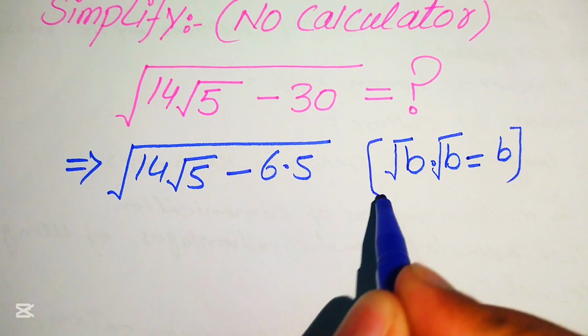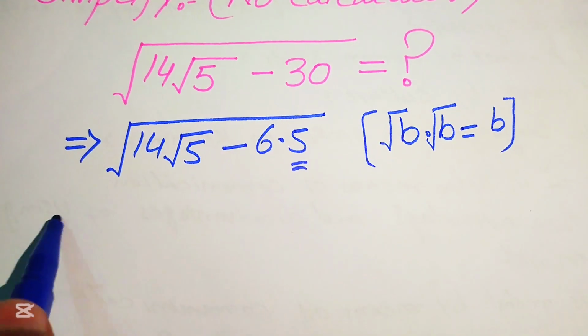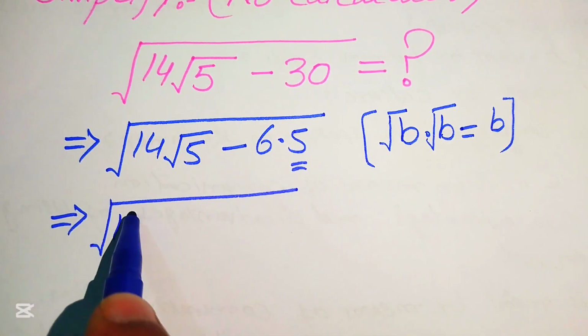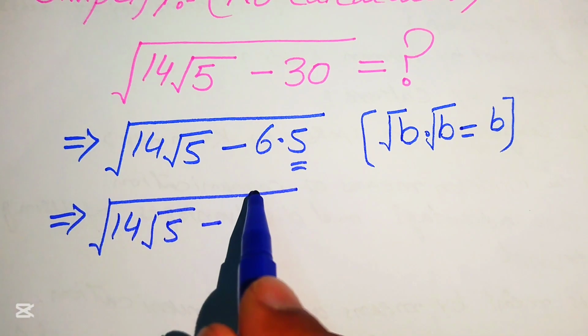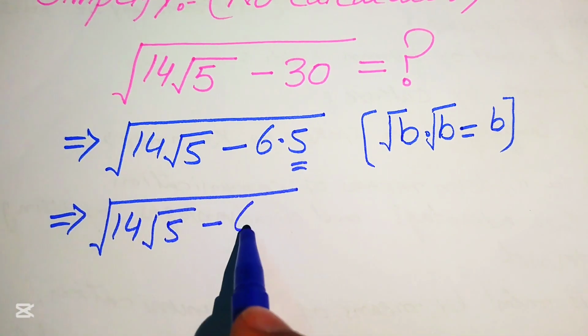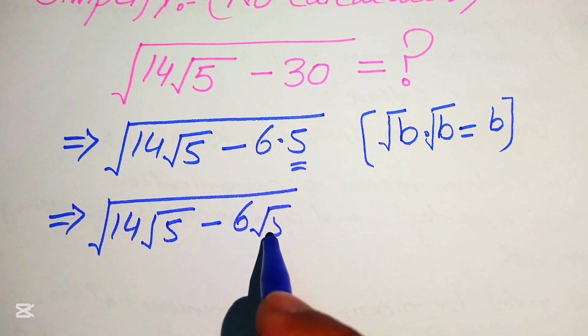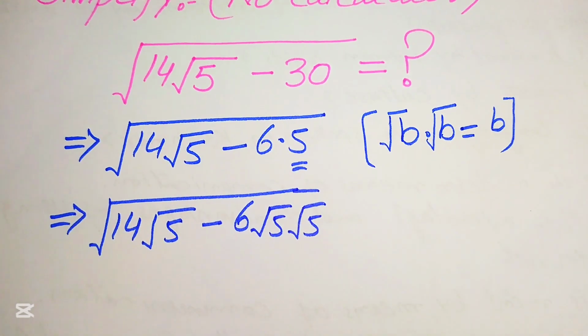So we break this 5 according to this rule and write it as the square root of 14 times the square root of 5 minus 6 times the square root of 5 times the square root of 5.